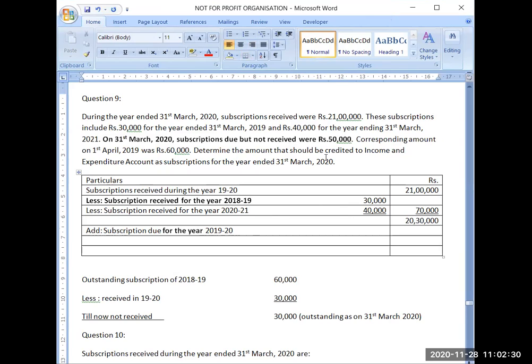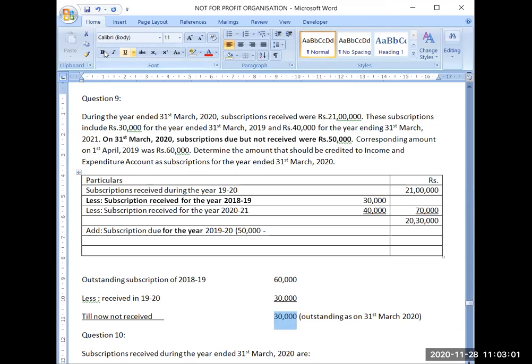And this amount is already included in the amount outstanding as on 31st March 2020. But for finding out the current year income, what I need is the amount outstanding for the current year only. That's why what I will do, out of this 50,000, I will subtract this one, 30,000.